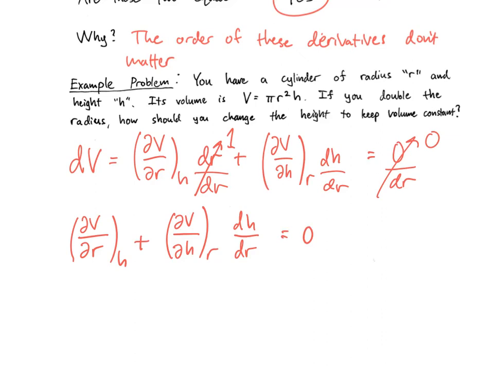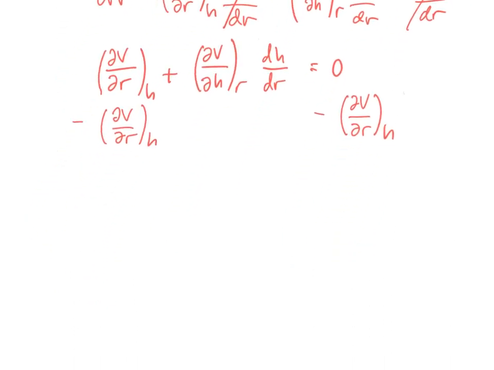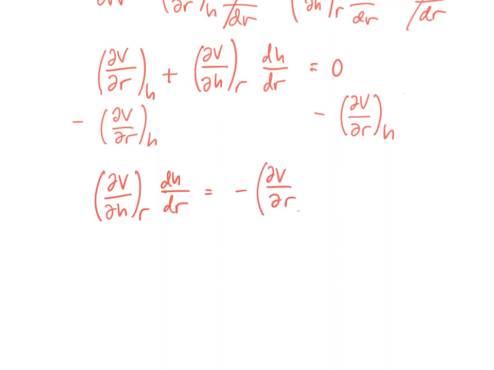And then I can move this over to the other side, and I get partial V, partial h, keeping r constant, dh dr equals negative partial V, partial r, holding h constant.